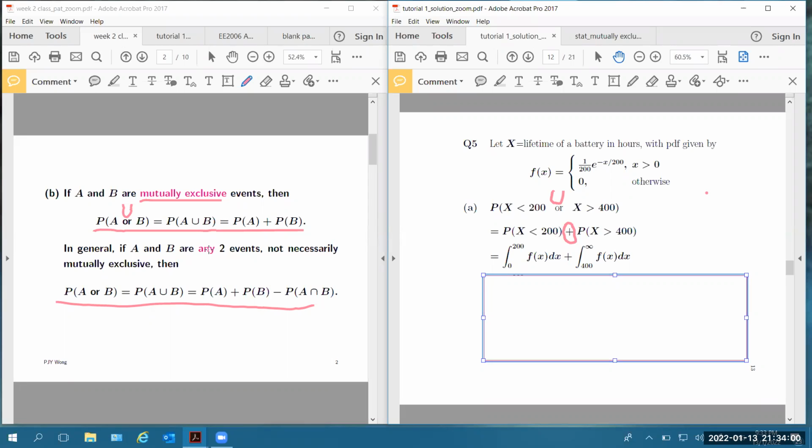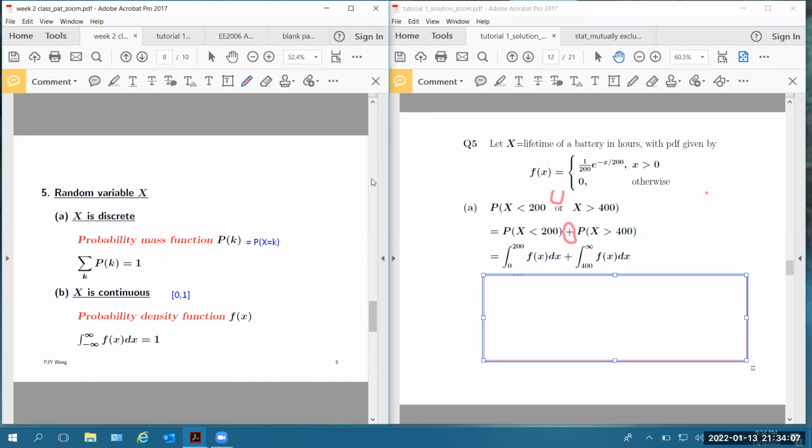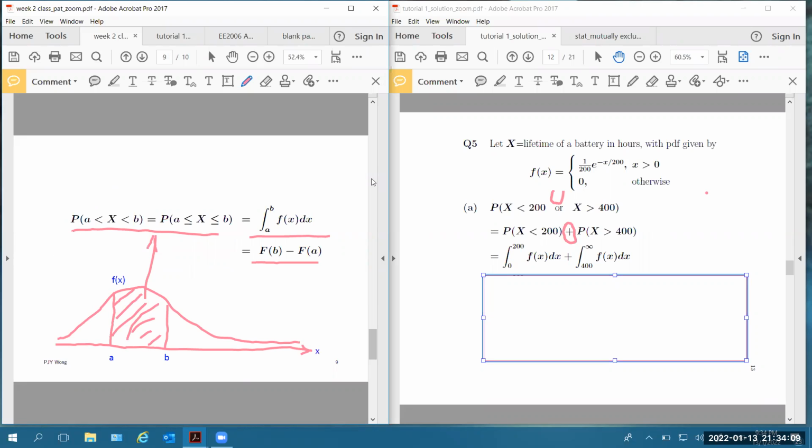Let me go back to this thing here. We say we must integrate from lower limit to upper limit, right? Now, this one is less than 200, so surely 200 is the upper limit. Where is the lower limit? How do I know it's 0?